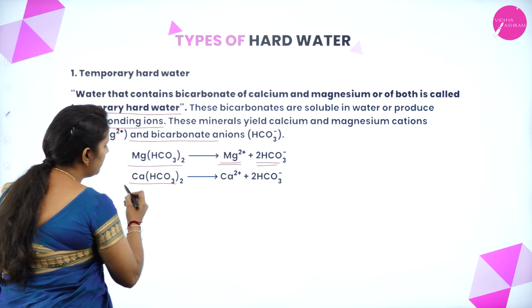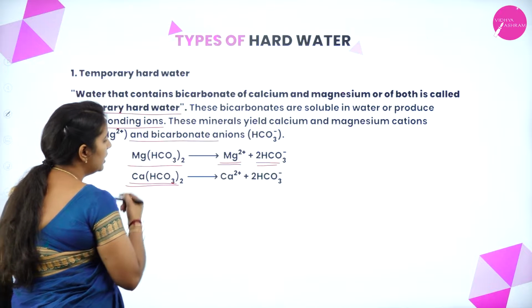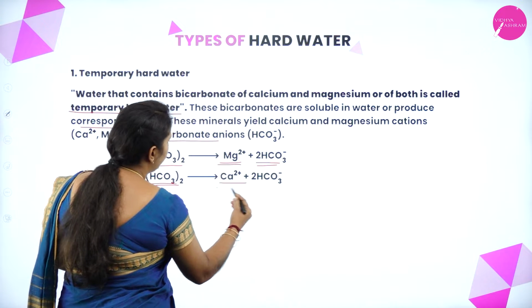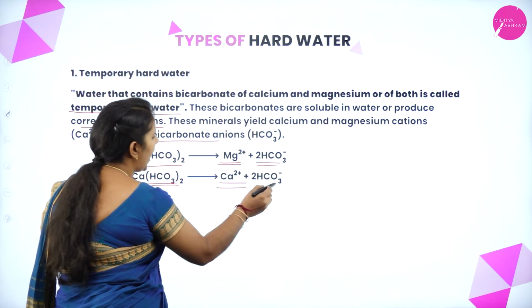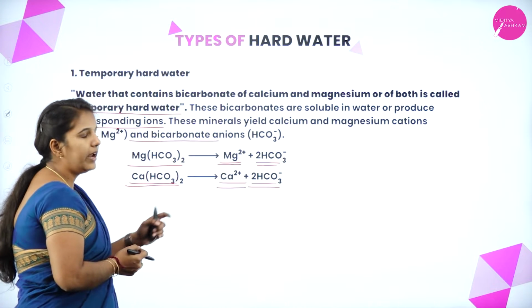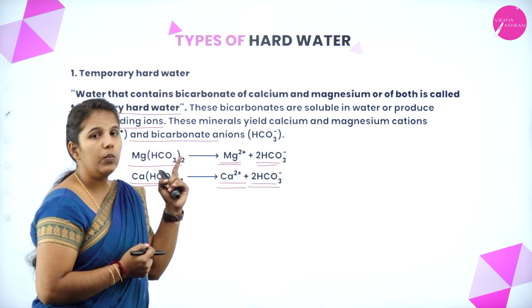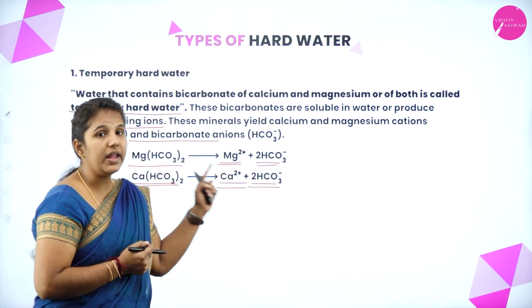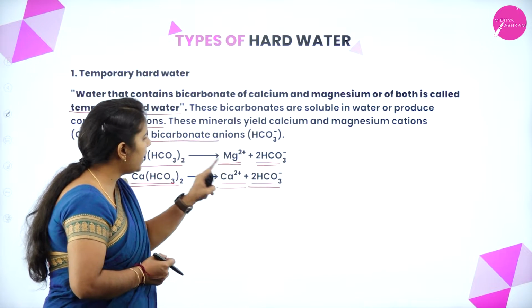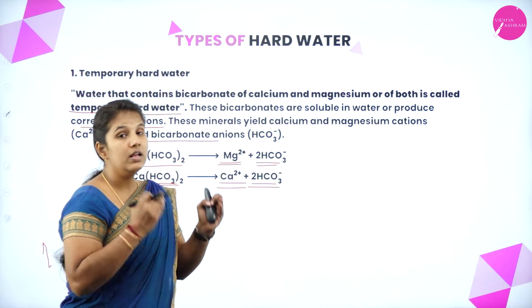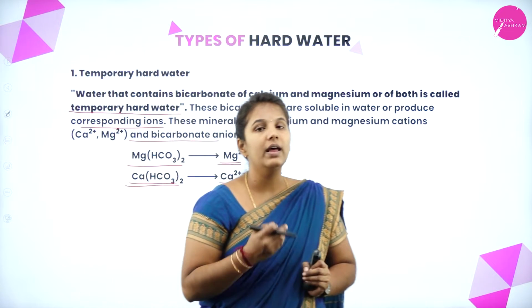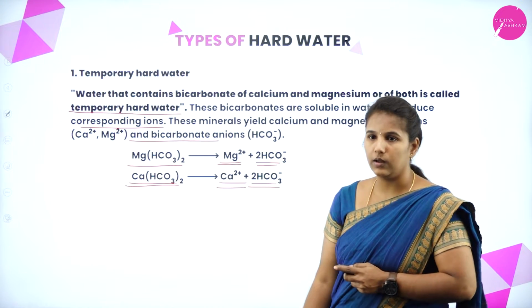Similarly, calcium bicarbonate, when it is dissolved in water, forms what? Calcium ion as well as a bicarbonate anion. This shows that temporary hard water always consists of bicarbonates of calcium and magnesium ions. Such waters are said to be temporary hard water.